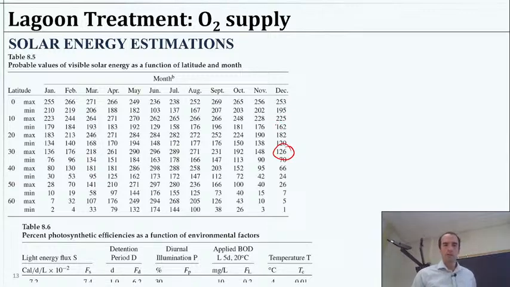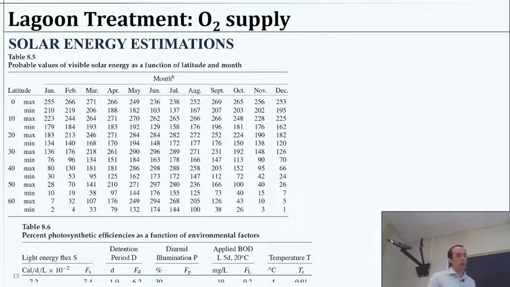What is this? This couldn't be days per month. I'm totally wrong on that. Maybe it's just some solar irradiance value. Okay, and then if we look at 60 latitude, across the board we don't have much, right? That's just not getting a whole lot of sunlight.